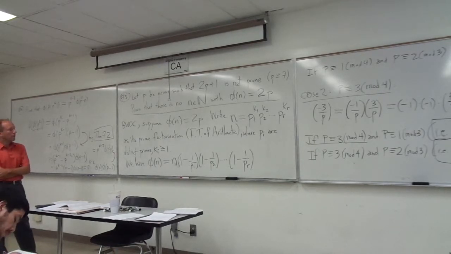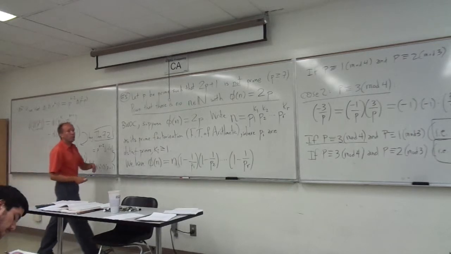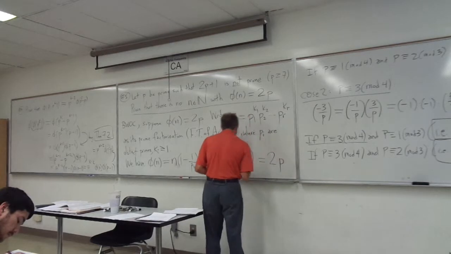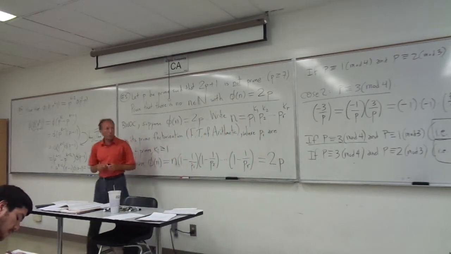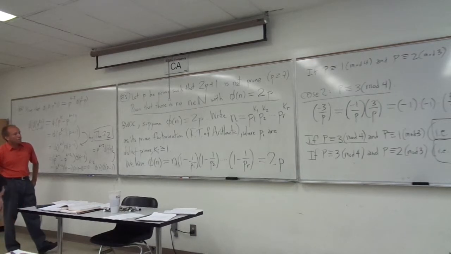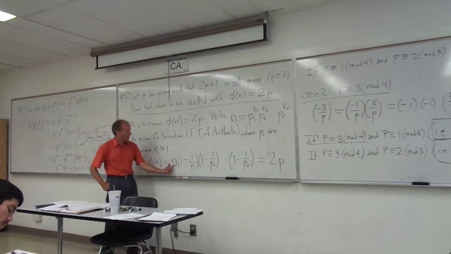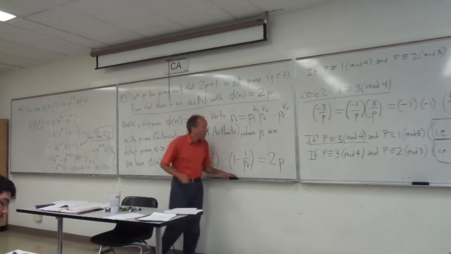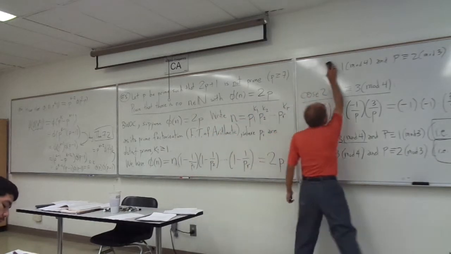There's the expression. And so this somehow is going to be equal to 2p. So n is multiplied by all these fractions, which kind of shrinks it down so that it's only equal to 2p.